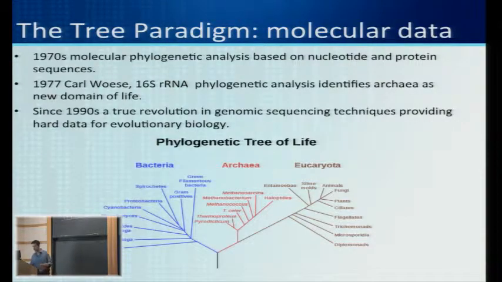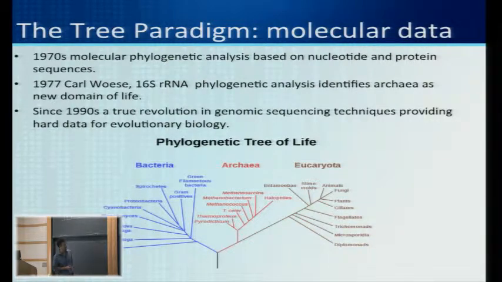This is how we think about the species and how we understand life in the big picture, the tree of life. So everything was kind of not very informative till the 70s when we started to get good information about sequences of genomes, sequences of proteins, and then we can start comparing these things.